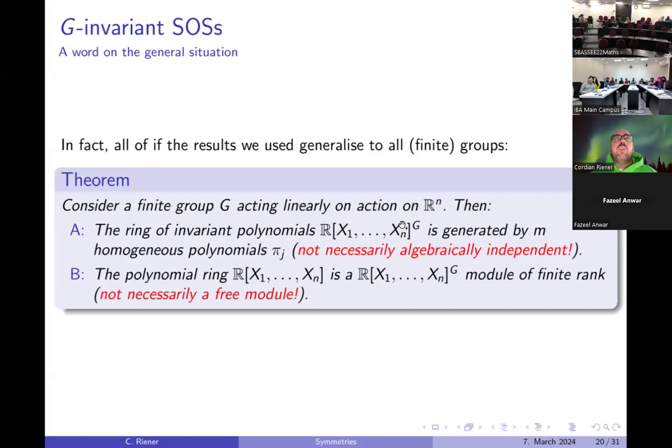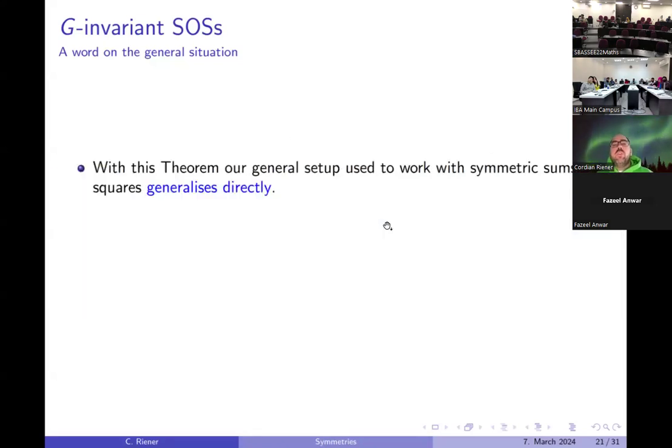But the freeness actually was never really important. It's just convenient, and it helped us, for example, to reduce the degree. So all of these things can be generalized directly. The theorem that I gave you for the symmetric group, for the symmetric sum of squares, literally generalizes to all other groups, with the only thing that you have to remove whenever I wrote uniquely.